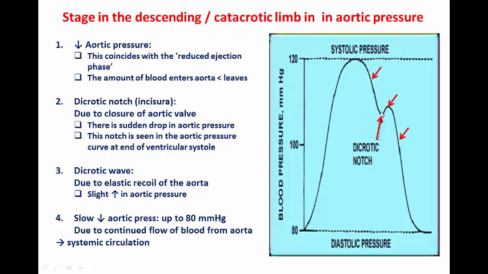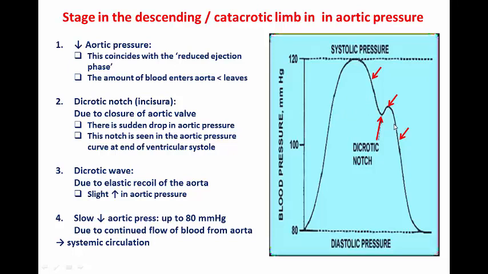Then we have a dicrotic wave. This is where the pressure slightly increases in the aorta, and this happens as a result of the elastic recoil of the aorta. When the aorta receives the stroke volume, it expands because it is an elastic artery. Now the aorta recoils, and the elastic recoil of the aorta results in a slight increase in the aortic pressure, giving rise to the dicrotic wave in the aortic pressure curve.